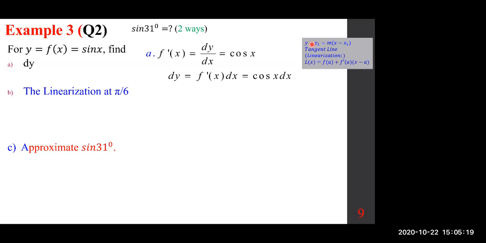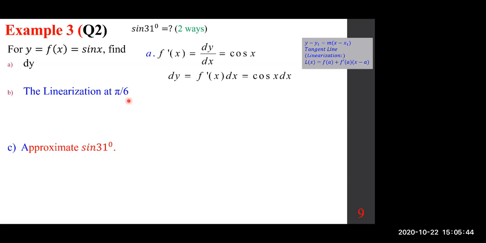So x is pi over 6, everybody. x is pi over 6 is given. So plug in here. What is y, or f of x, is f of pi over 6. I hope you know that sine of pi over 6 is equal to 1/2. So that's your pair.